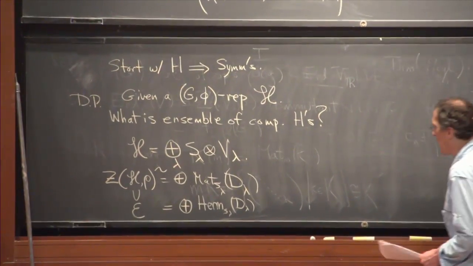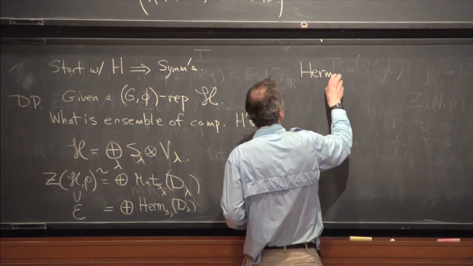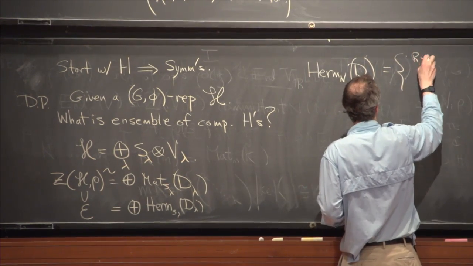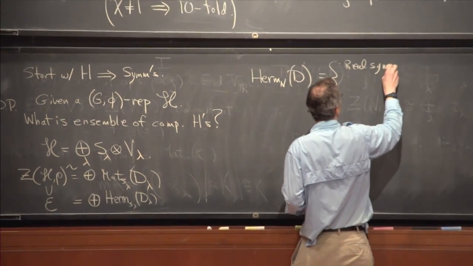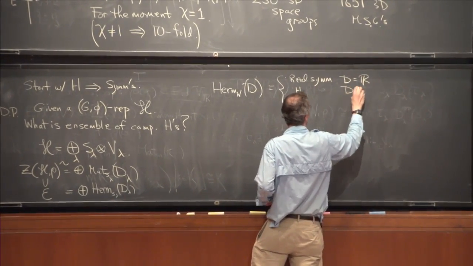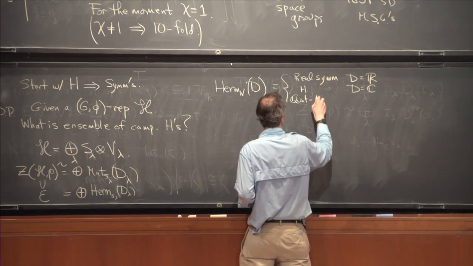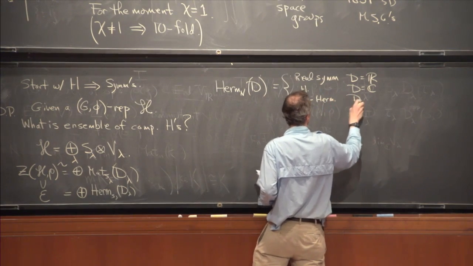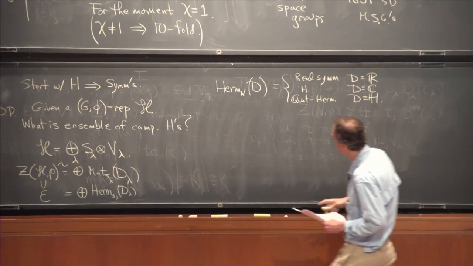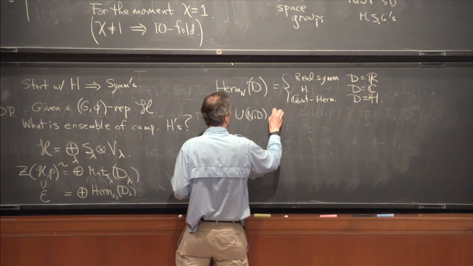It's called the threefold way because the basic ensemble is Hermitian N over D, which is just real symmetric for D equals R, Hermitian for D equals C in the standard sense, and quaternion Hermitian for D equals H. Now, each ensemble has a natural U and D invariant measure.